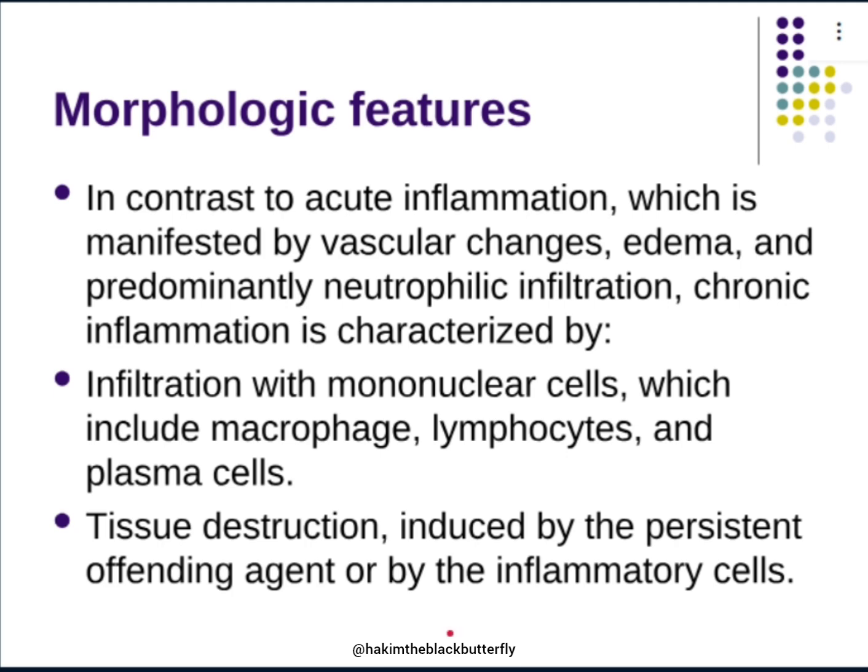What are the cellular components of chronic inflammation vis-a-vis the cellular components of acute inflammation? In acute inflammation, the main cells are granulocytes, the neutrophils. The majority of the cells are neutrophils, macrophages, monocytes.